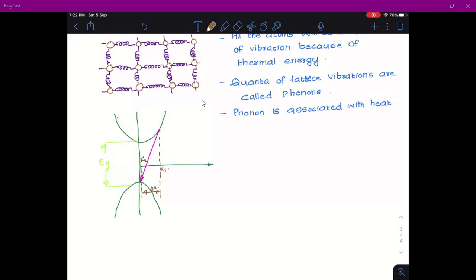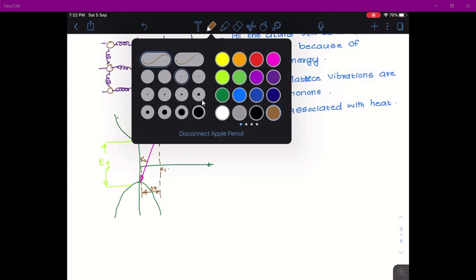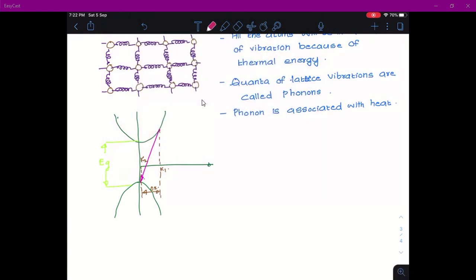Okay. Now, when there is a transition along the vertical line, it is because of photons. When there is a transition along the horizontal line, that is because of phonons. So these arrows are actually the momentum compensation of delta K by phonons.